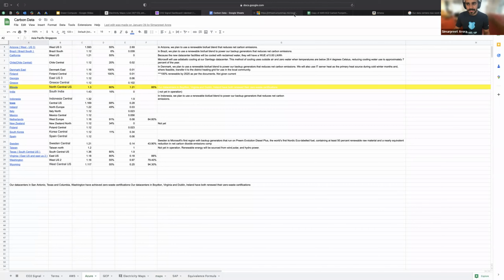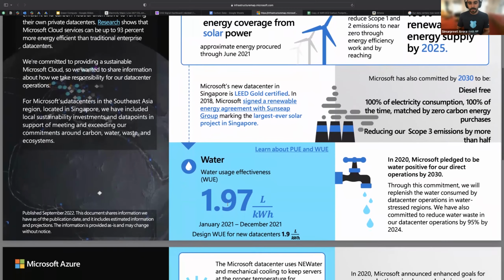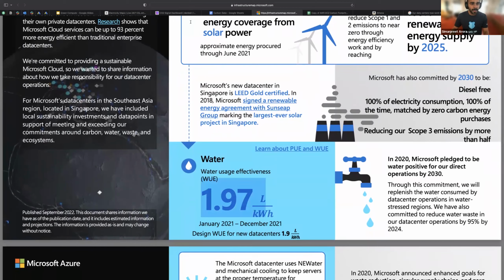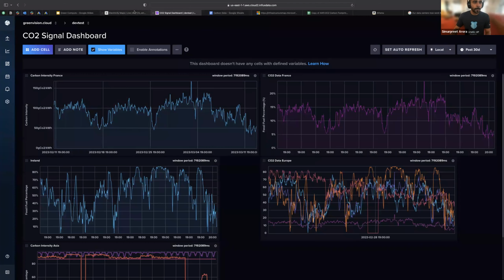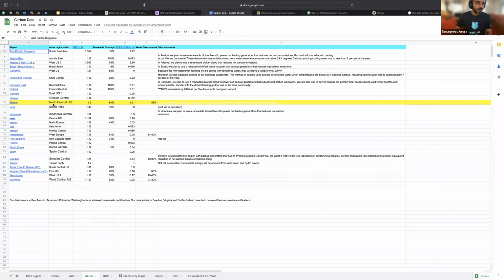This is what a traditional document looks like. In the region of Singapore, the power usage effectiveness is 1.364, and the water usage effectiveness is also provided. I mapped this data on separate sheets, with the different Azure regions and their power usage effectiveness. So the second part of the puzzle, the efficiency of the data center, was answered like this.